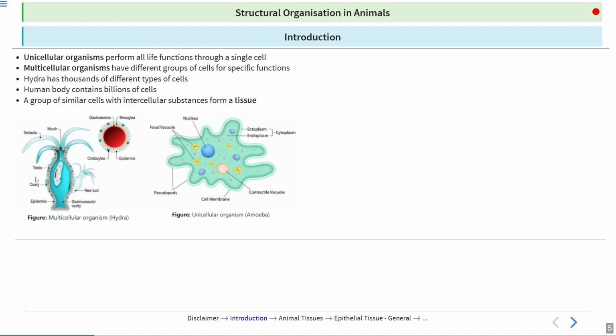There is a mouth, then there are reproductive organs, testes, ovaries, and an epidermal cell layer. Inside this, there is a gastrovascular cavity, right? And you can see they have one of the unicellular organisms, paramecium, inside their gastrovascular cavity. It means that they eat that particular organism, right?